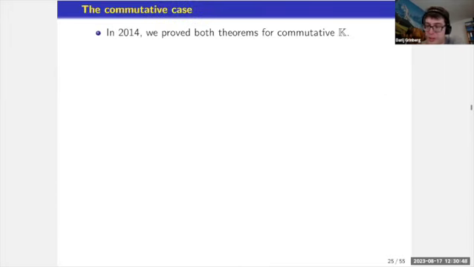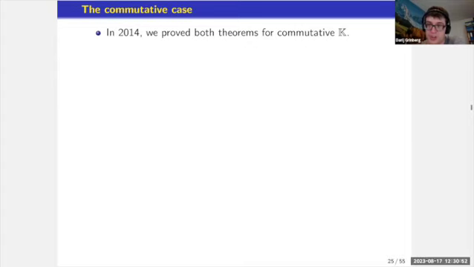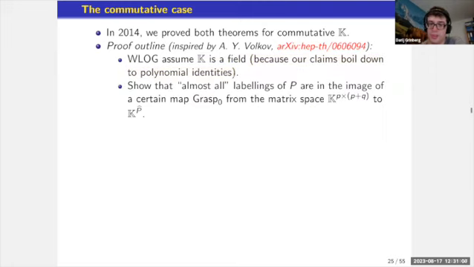So how do we prove such a thing? Well, 9 years ago, we proved the results for commutative K using a strategy that, in a way, is not that new. Basically, Volkov proved the logic of periodicity in a very similar way. First of all, it's enough to consider a field because what we're doing is polynomial identities. And then we construct a certain map, which we call the Grassmannian parameterization, GRASP.